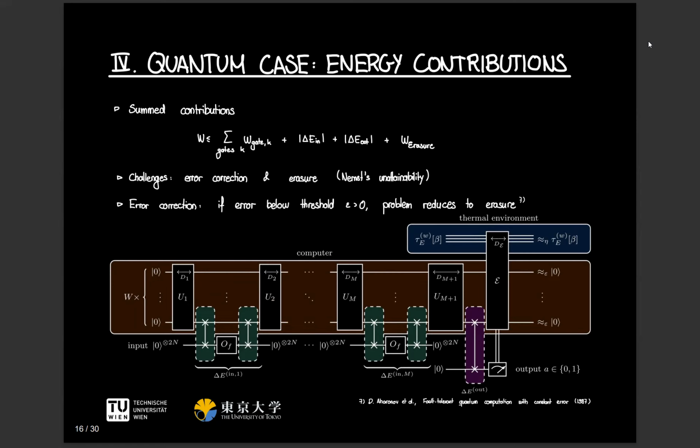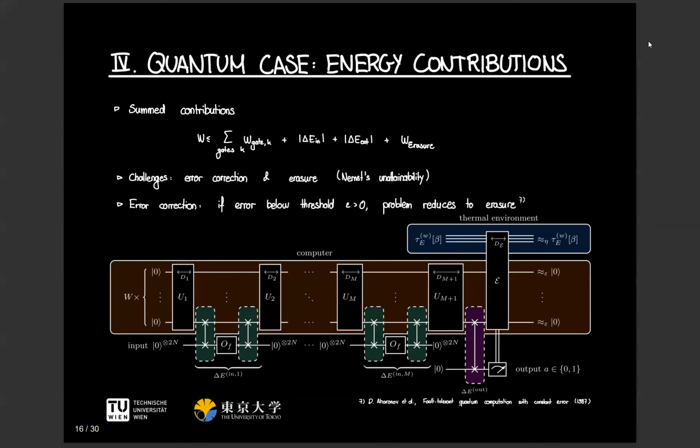The two challenging components here are what happens with error correction if we want to have this computation fault tolerant at some finite error threshold, and erasure, as Felix told us yesterday, that perfect Landauer erasure is divergent in some resource cost or the other.